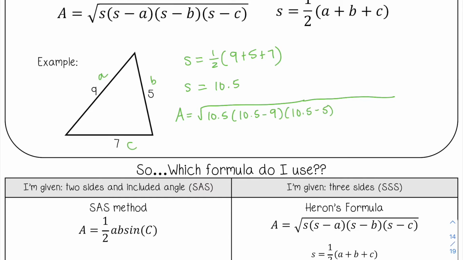S minus B, S minus C. All right, I'm going to type that in my calculator. So that's the square root of 303.19, or about 17.4 units squared.